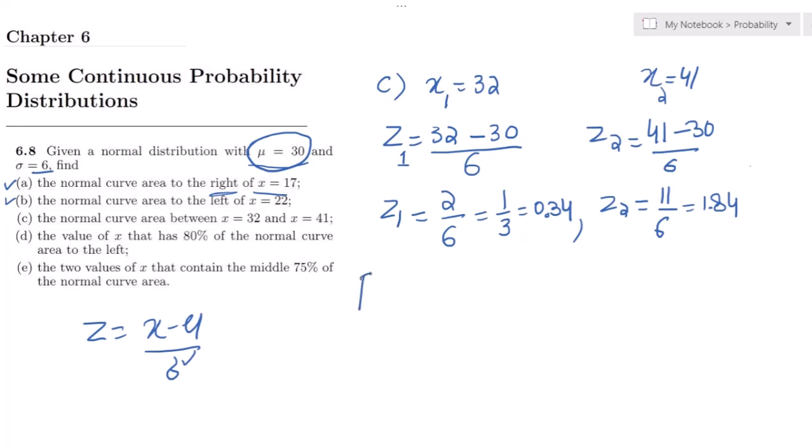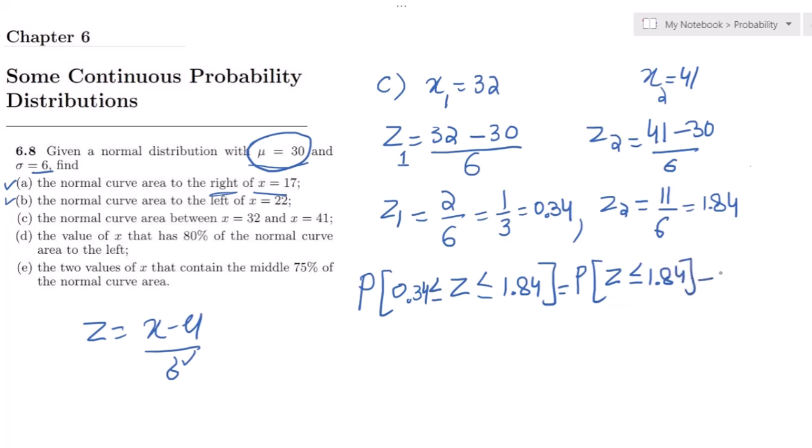So if we want to find out the probability that z is greater than 0.34 and less than or equal to 1.84, how to find it out? We know that it is the probability that z is less than or equal to 1.84 minus the probability that z is less than or equal to 0.34.